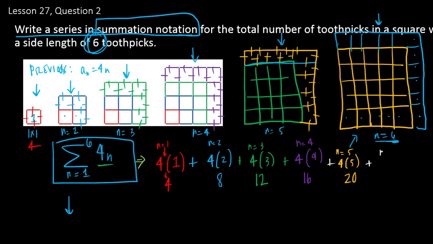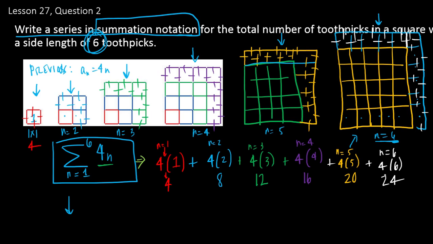For n equals 6, I take 4 times 6, which is 24. And if I were to count all the blue toothpicks I've added on, I should get 24. So 1, 2, 3, up to 22. Oh, and then I didn't draw that line, 23, 24.